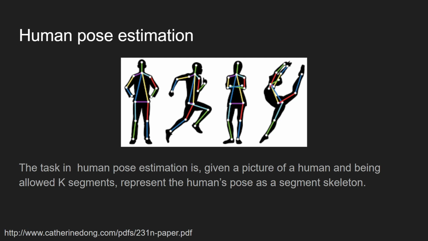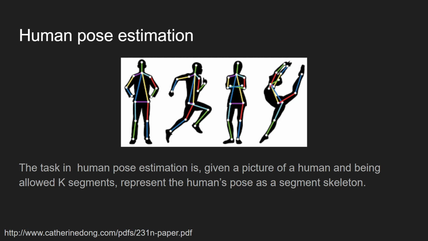Human pose estimation. This is actually something that is often used as a step in other networks. But you can estimate, from a picture of a human, what their position in 3D space is. This can be done by having K segments that make up the skeleton.